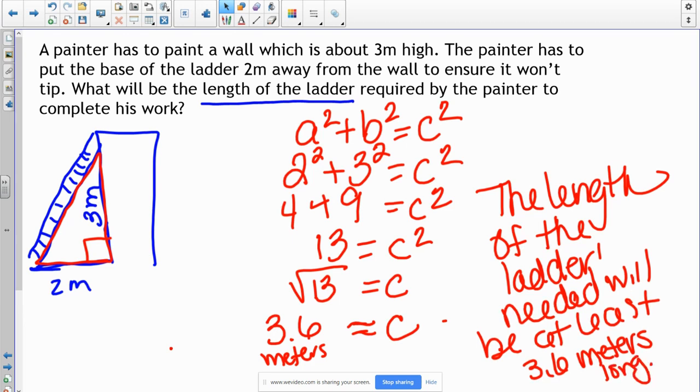And that sentence, it doesn't truly matter to me. It just answers the question that's there. One thing I was going to point out, when you're looking for the hypotenuse, because I know some of you sometimes solve for the wrong one, just remember that the hypotenuse has to be the longest length. So when I put that 3.6 on there, that's a good sign because it's the longest length. So remember when you're solving problems that the hypotenuse has to be the longest length.